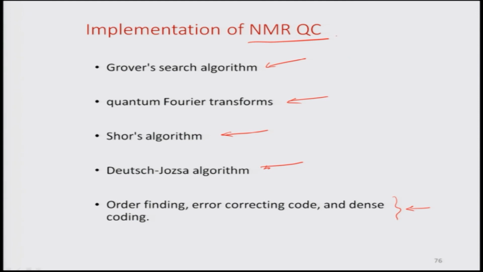So, in some sense NMR quantum computing has shown a great lead in terms of major developments in quantum computing, and so it has been one of the many studied areas of quantum computing.